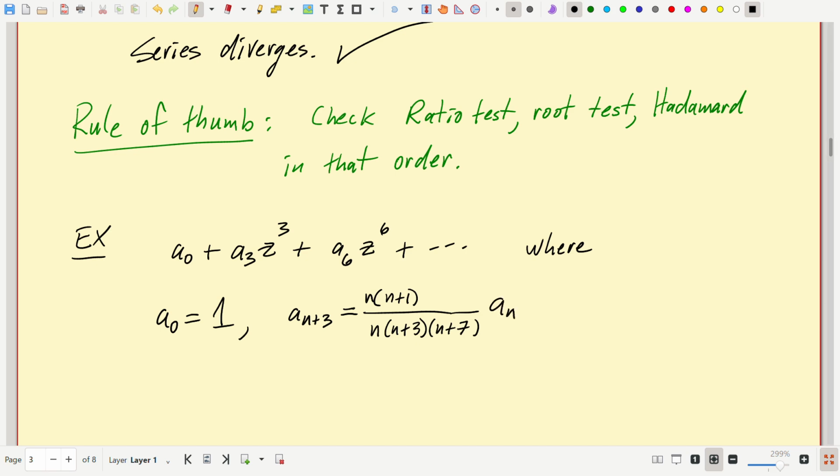So I build up a series for n equals 3, 6, 9, etc.